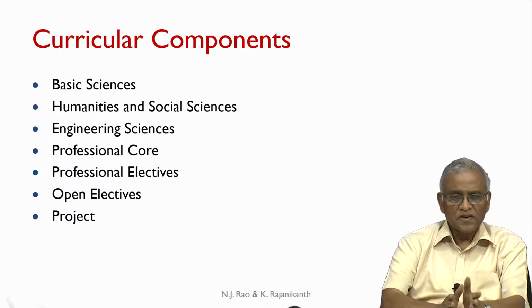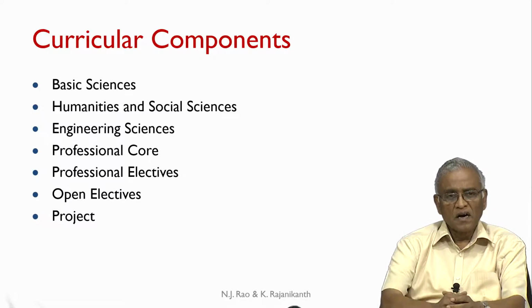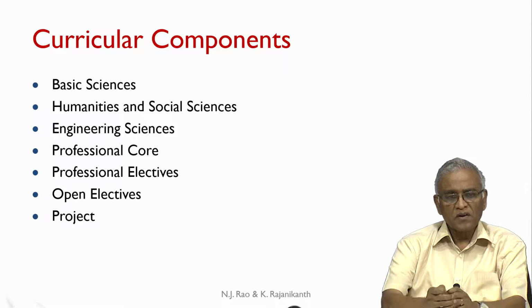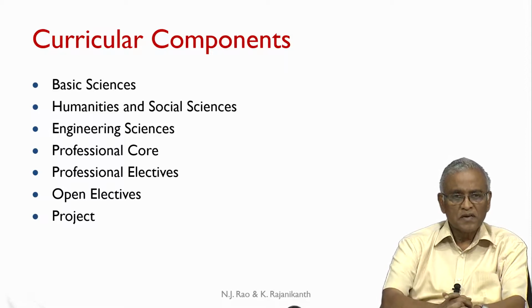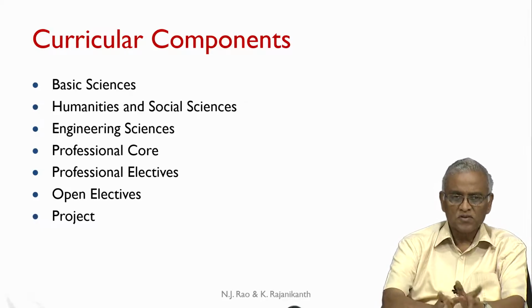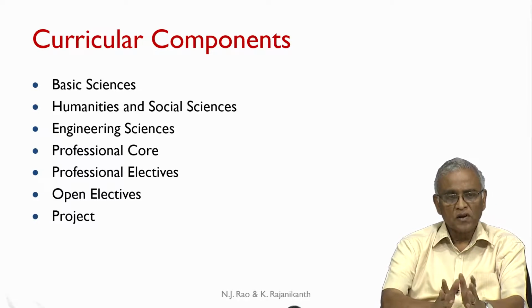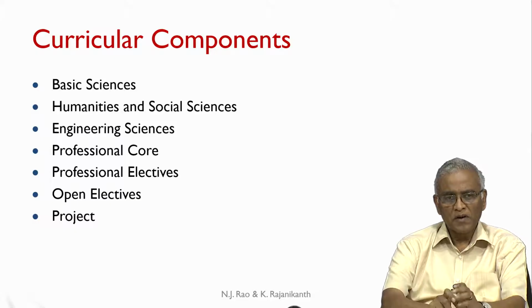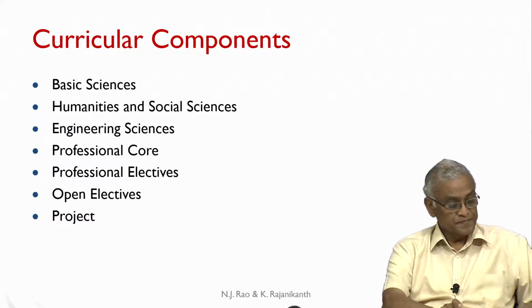But in any classification, you cannot create too many categories. So we have to tolerate it; sometimes we may wonder whether a particular course should come under engineering science or basic science, or should be shifted to core, and so on. These issues will always be there, but it does not matter. These are officially the 7 categories identified, and all courses will have to be put under one of these 7 categories.